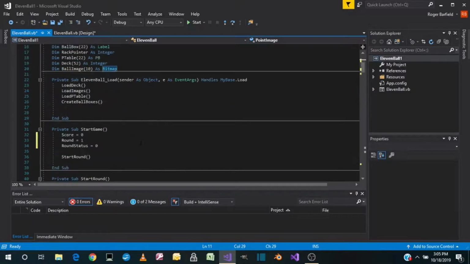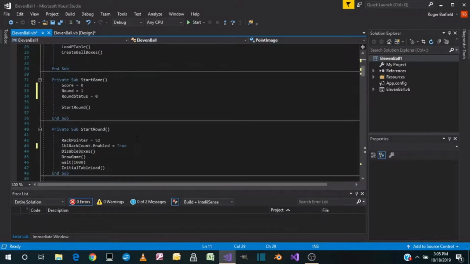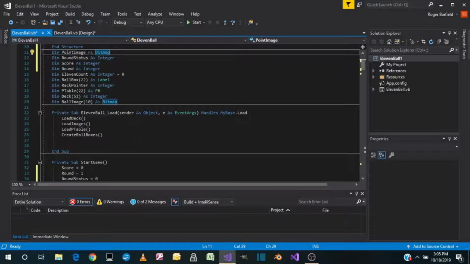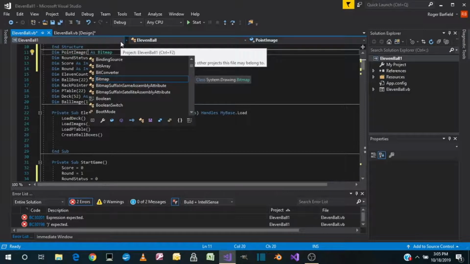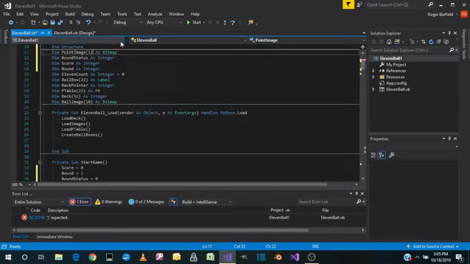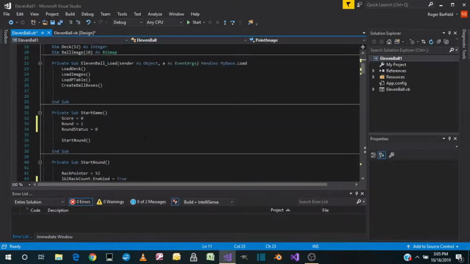Okay, well, down here where we loaded the other bitmap pages. Oh, wait, it's an array. And we have 12 total. And I know this is 13 total array elements, but that's fine.